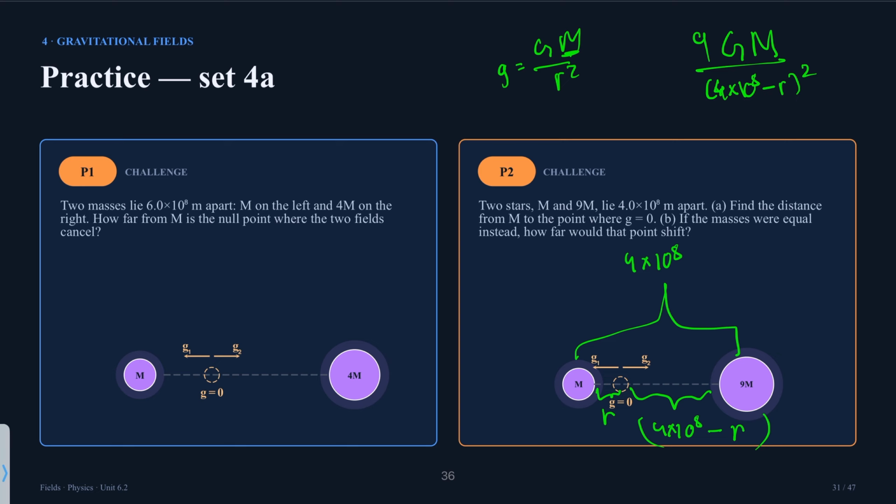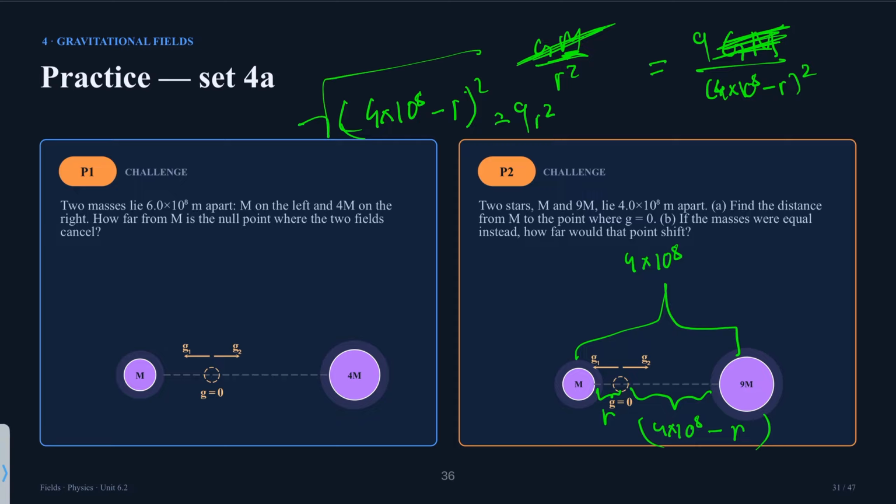That's your equation. You have to set these equal to each other because at the point where they cancel, the fields have to be equal. So you set them equal to each other and you solve. Big G, big M immediately cancel. You're left with (4 times 10 to the 8th minus R) squared is equal to 9R squared.